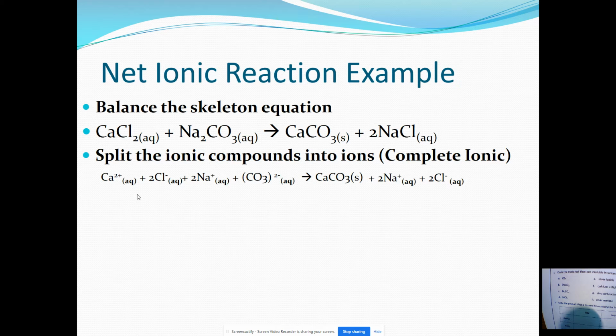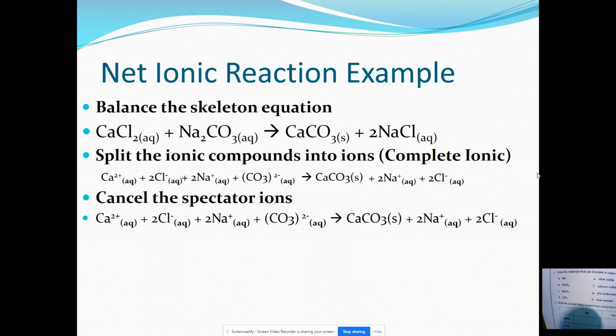Now, we want to identify the spectator ions. The spectator ions are the ones that are not taking part in the chemical reaction. They're not doing anything. They look exactly the same on both sides of the arrow. So, Na shows up as Na plus on the left side and as Na plus on the right side. Cl minus on the left side, Cl minus on the right side.